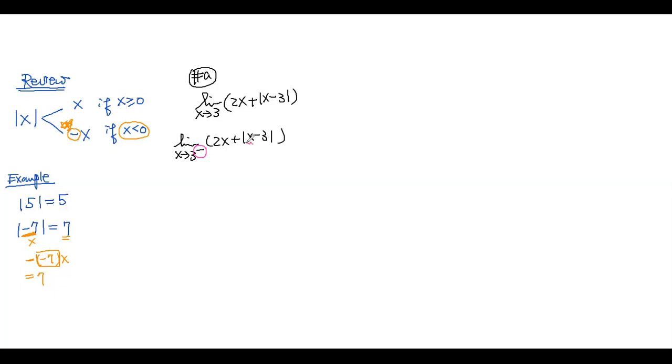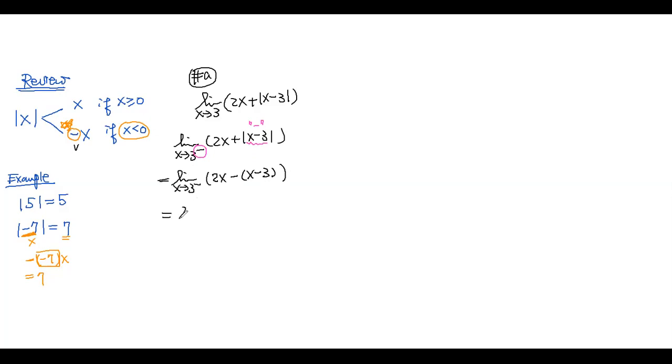So if x is less than 3, what happens to the value inside this absolute value? Whatever is inside will be negative. So from what we just reviewed, if this is negative, you need to put a negative sign in front of it. That's how you break out the absolute value here.